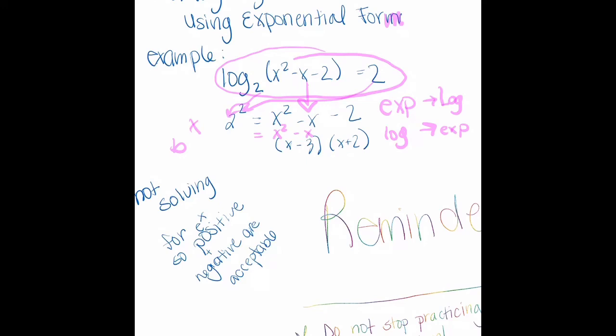Now I got to move this 4 over, so now I have negative 6. And that's how I am able to factor these. So x equals 3, and x equals negative 2.